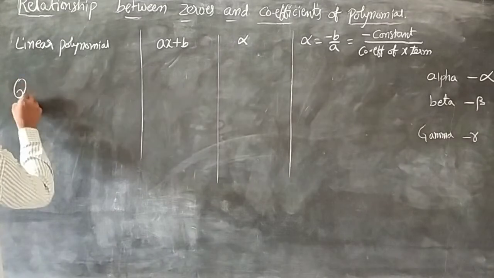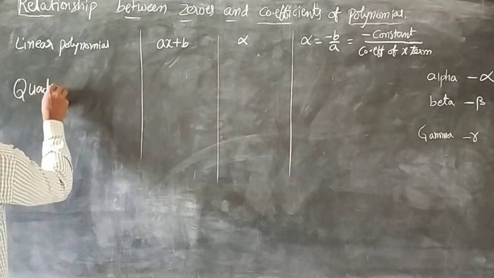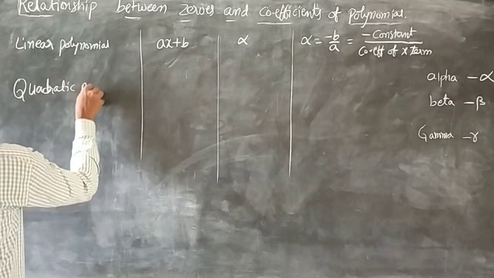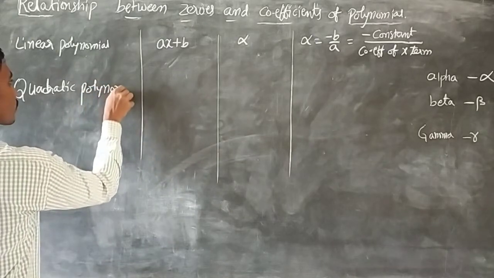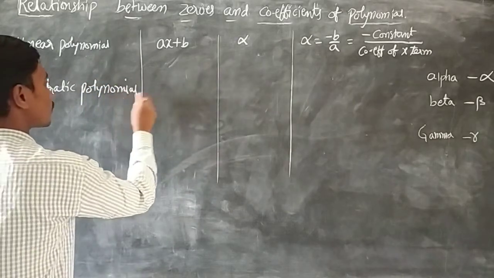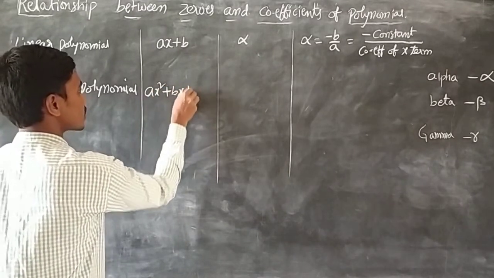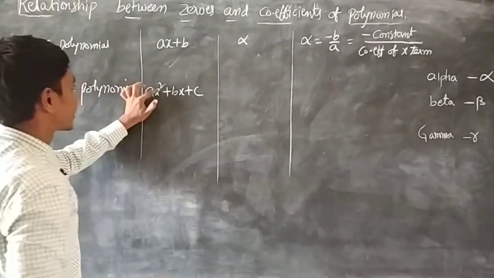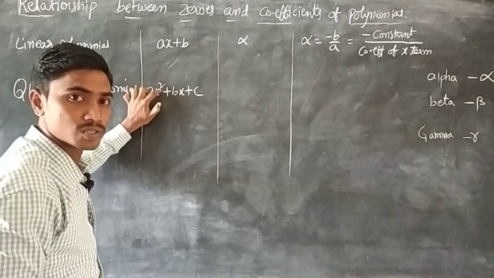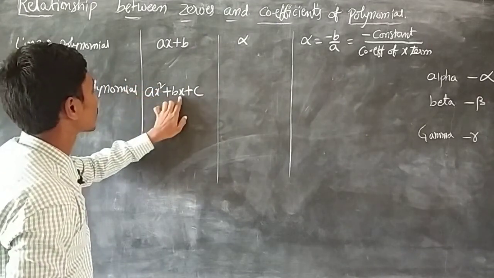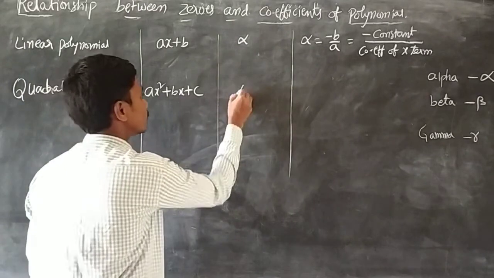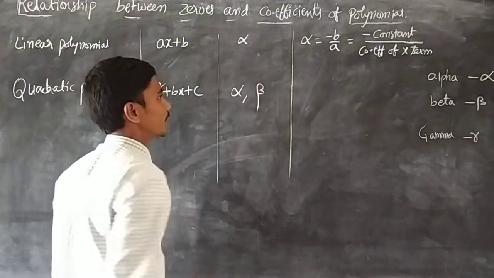Next, quadratic polynomial. What is the general form of a quadratic polynomial? ax square plus bx plus c. Here the degree of the quadratic polynomial is 2, that's why it has at most 2 zeros, denoted with the letters alpha, beta.